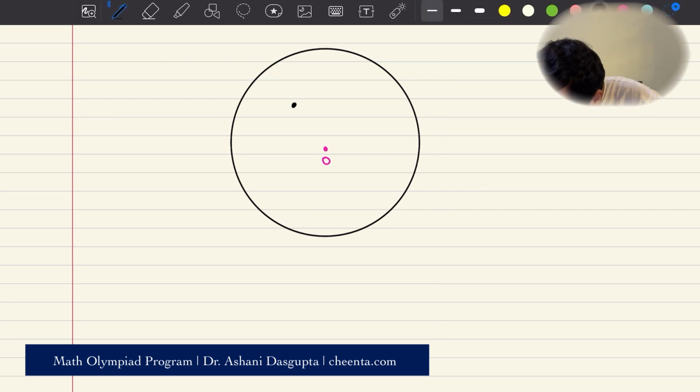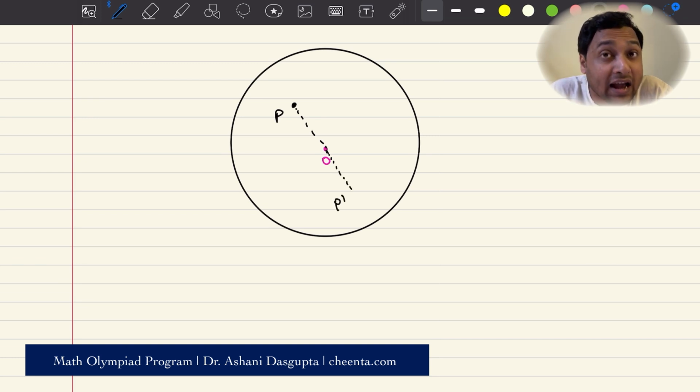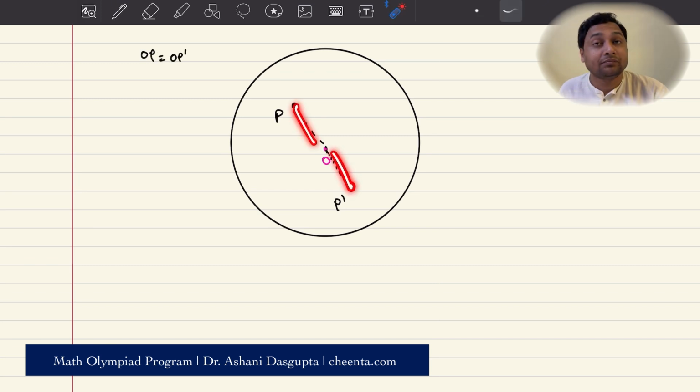Reflect means connect O with P, extend the straight line and reach a point P prime such that OP is equal to OP prime. So these two lengths are equal.